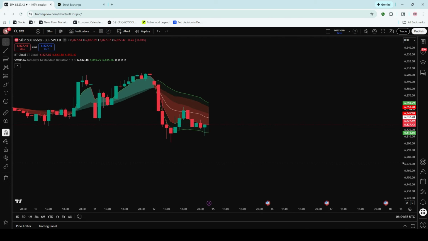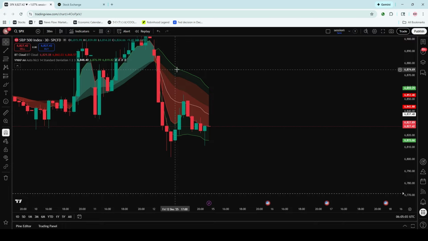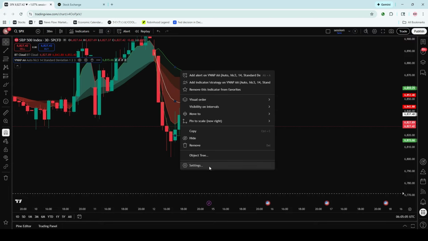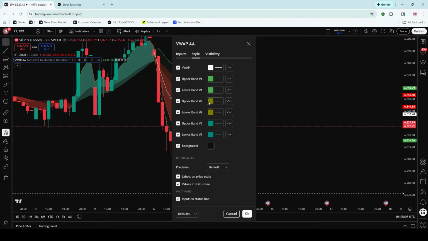But I want to make a slight adjustment to this VWAP here. We're going to click on the VWAP right here. We're going to go to settings, and then we're going to remove the upper band and the lower band. You don't really need these.